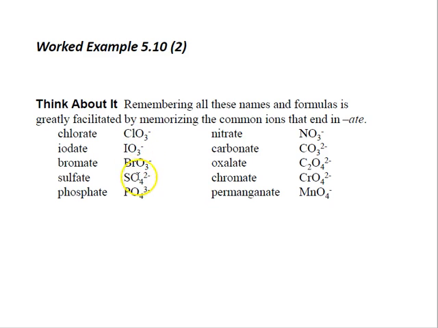There is an expanded list with the -ite endings and the per- and hypo- prefixes. I recommend just memorizing all of them and committing them all to memory. I won't read all of these for you. You can just read through them on your own.